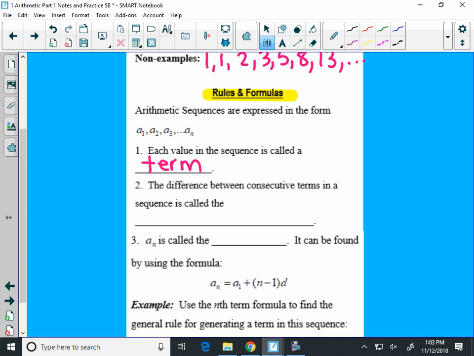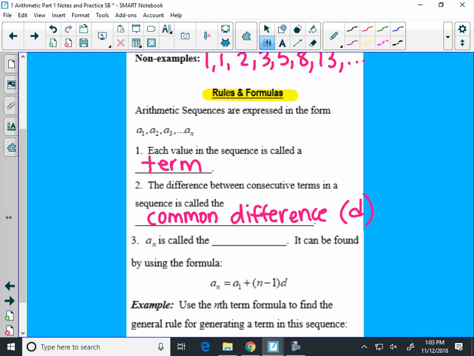The difference between each term is called the common difference. Common because it's always the same. The letter we use to represent it in our formulas is D. That's the number you add over and over.